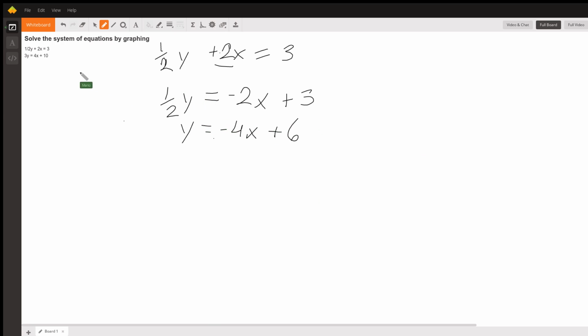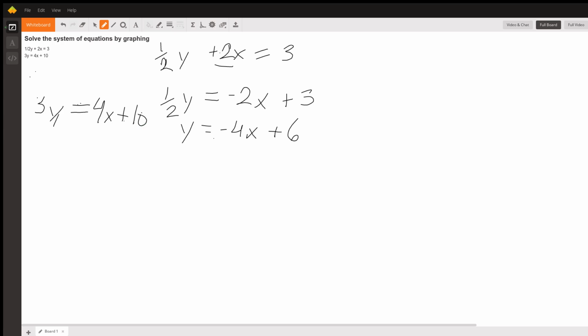And we can go ahead and do the same thing with the second one, this 3y equals 4x plus 10. So I'm going to do that over here. This is 3y equals 4x plus 10.